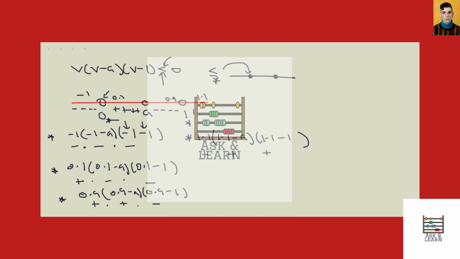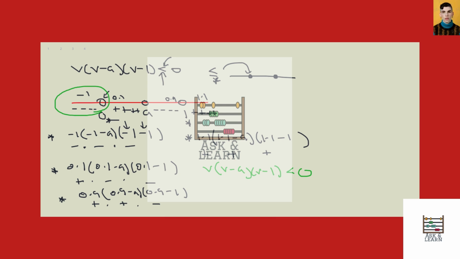So anything that lies to the right of 1 will be positive. So now we have a number line, and we can use that to complete the solution and say that our inequality v minus a, v minus 1 is less than 0.